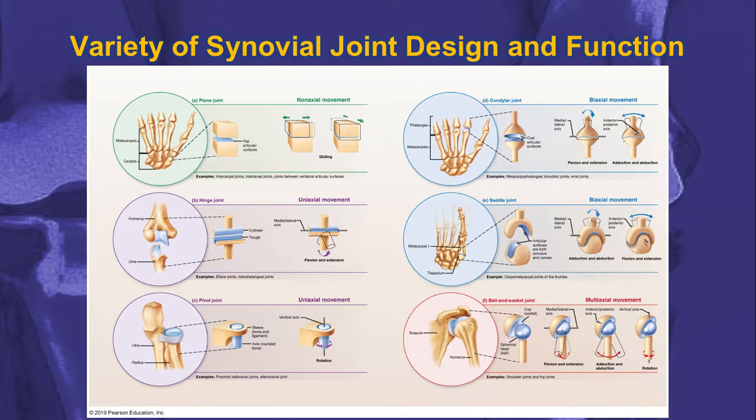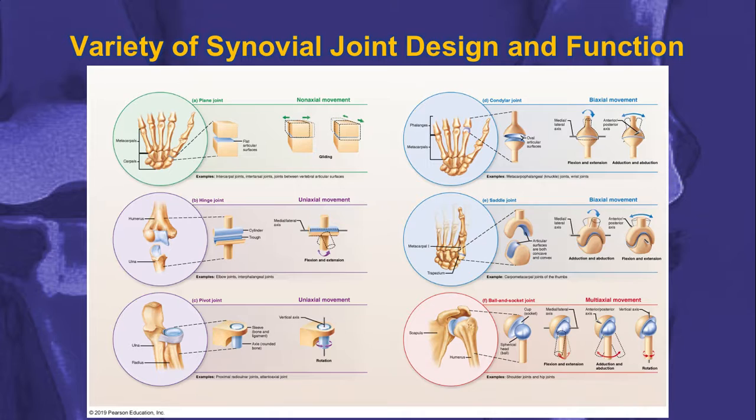You can kind of move your hand like this, but you don't have a full range of rotation in this part of your hand. So those joints are synovial joints, but they're called planar joints, where you can slide across each other this way and this way.